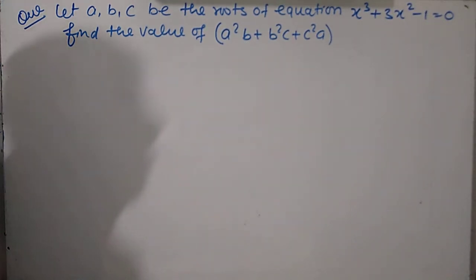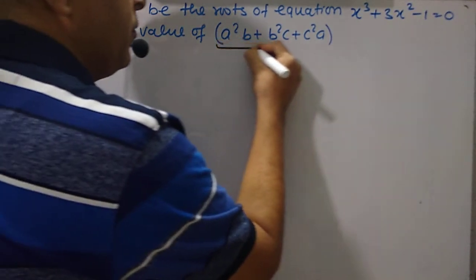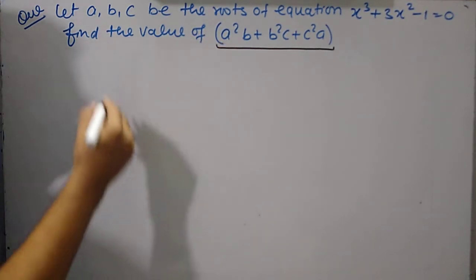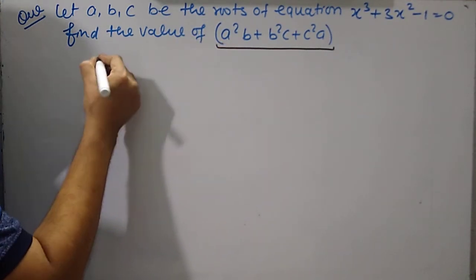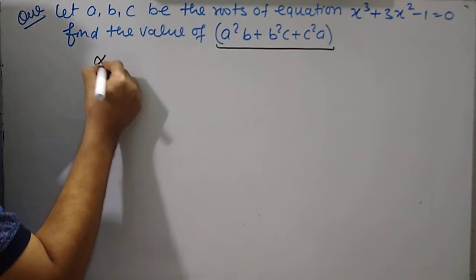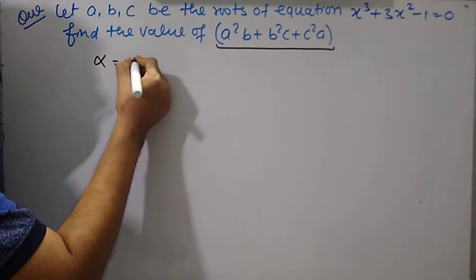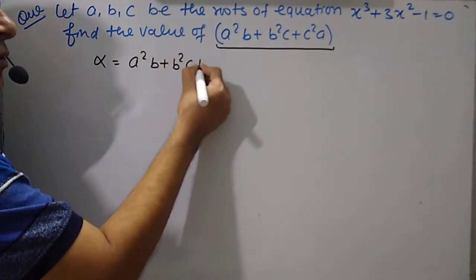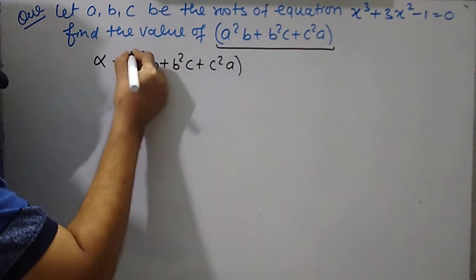Let's begin. So this is a good example of a symmetric form of polynomial, and now we have to find this value. Let us suppose alpha is a square b plus b square c plus c square a.